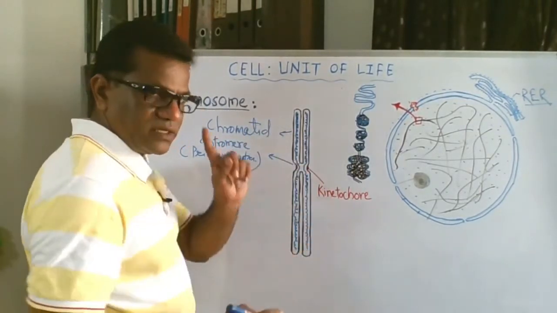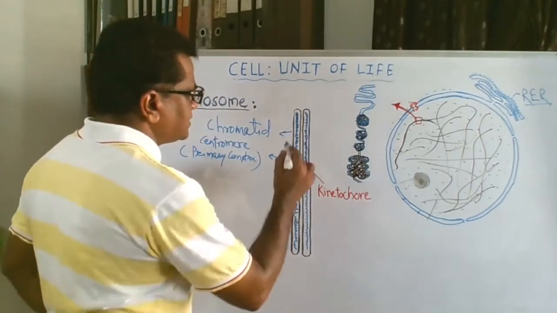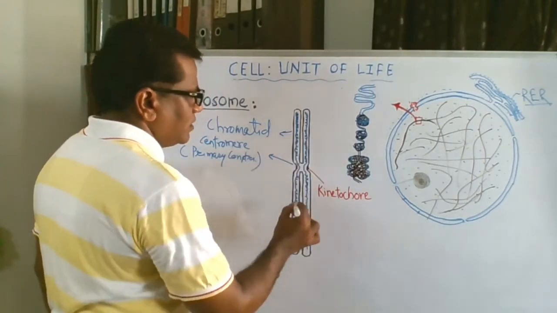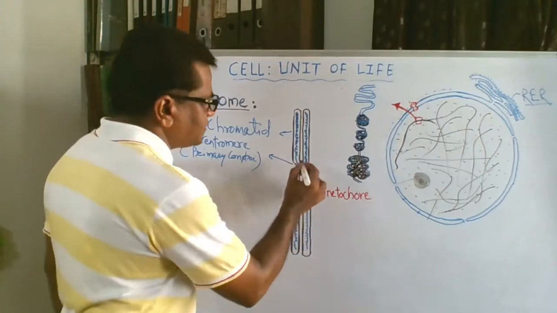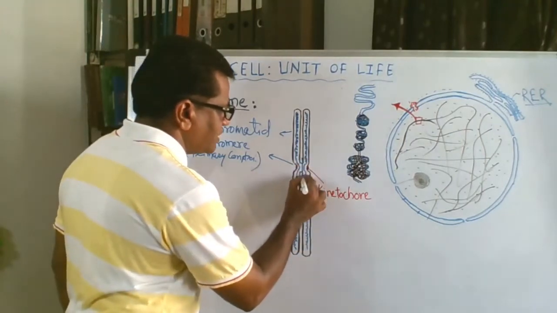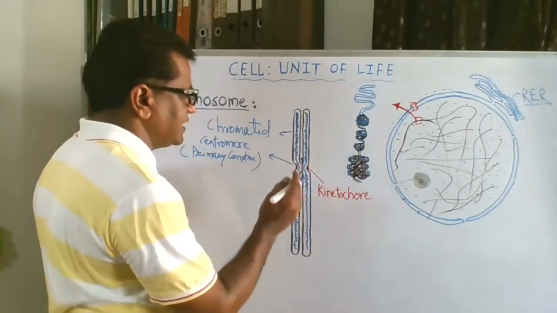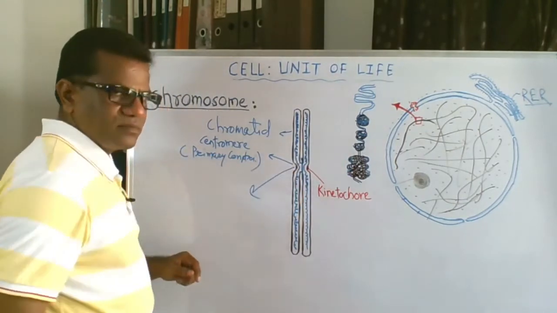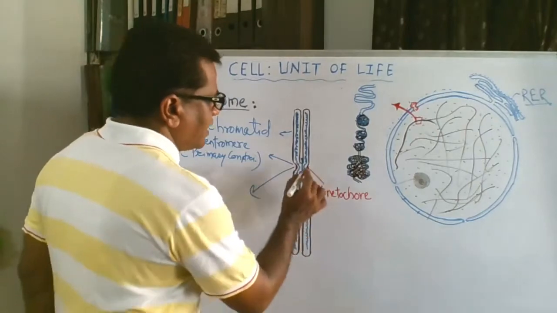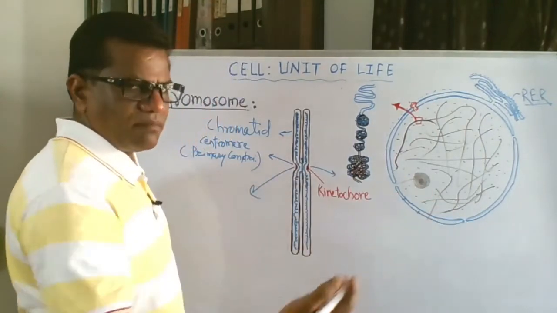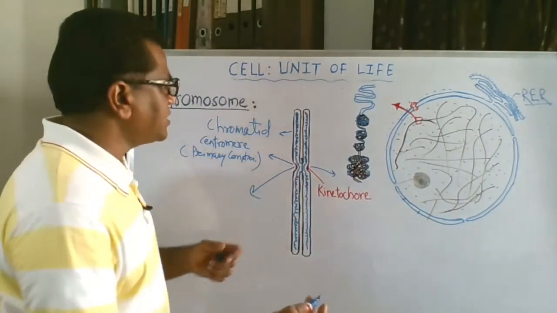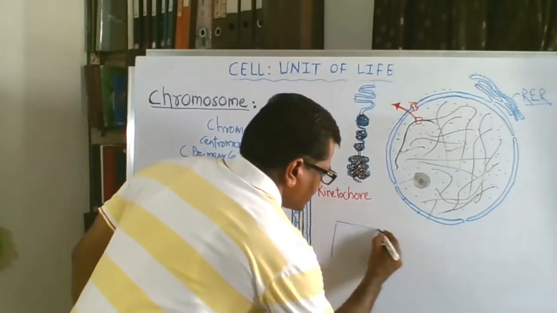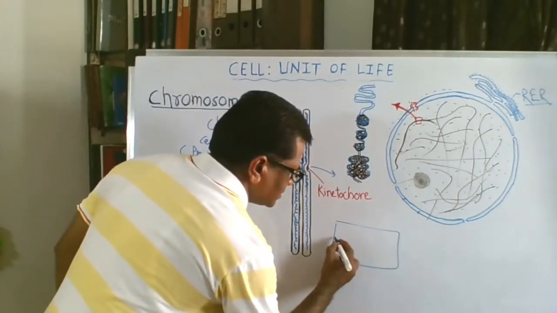At the time of cell division, this chromosome splits into two chromatids from here. So here it splits, and one chromatid is pulled to one pole by this spindle fiber, and the other is pulled to the other pole by another spindle fiber. And that's why at the time of cell division we observe such a structure.